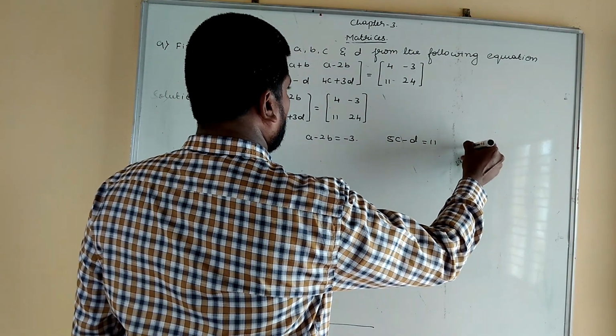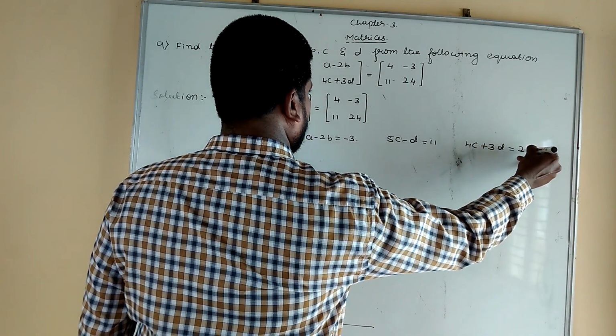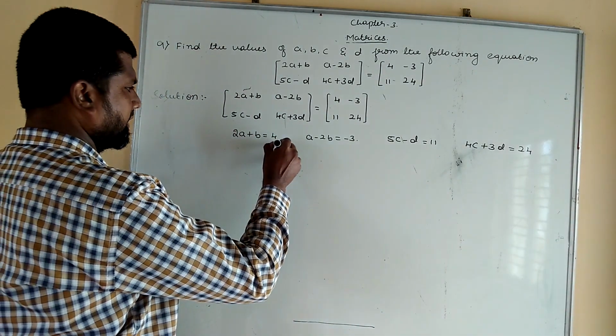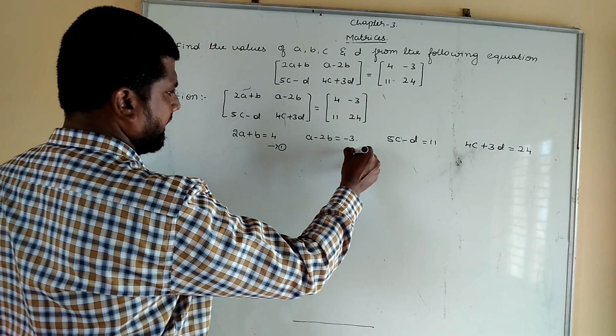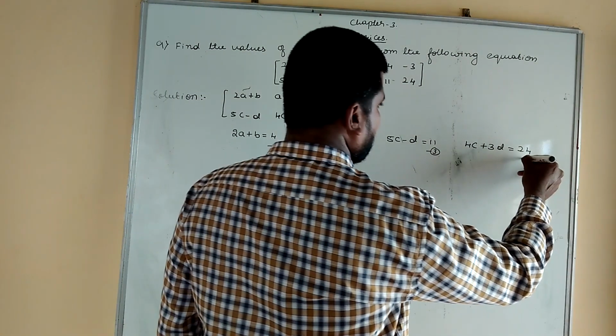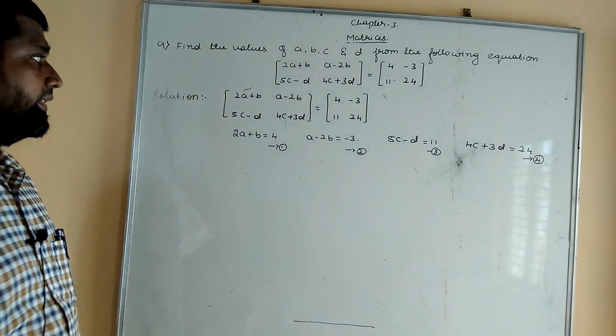Then 4c plus 3d is equal to 24. Let us give names for these. This is the first equation, this is the second one, this is the third one, this is the fourth equation. You already know how to solve the equations.